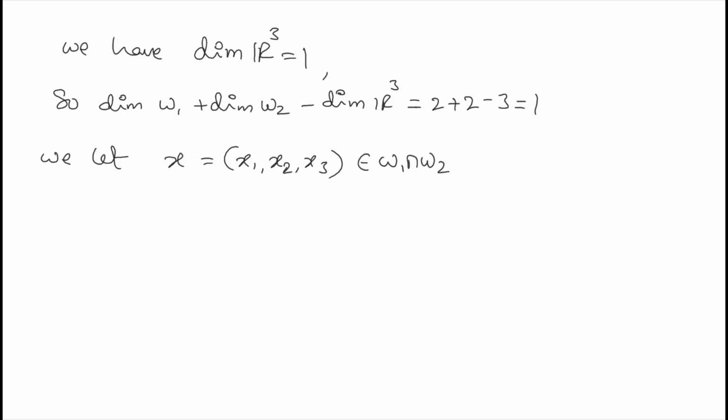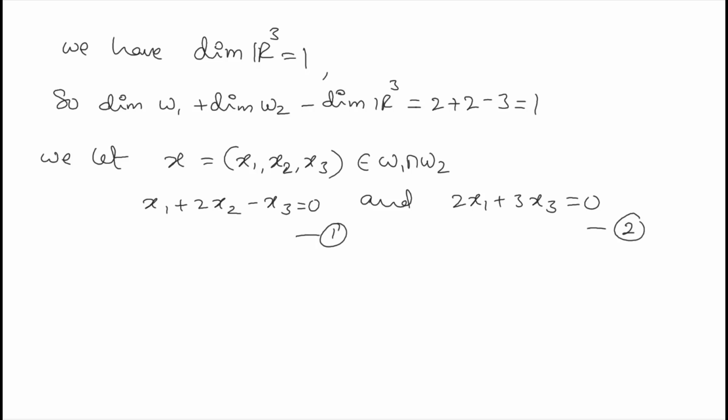Then by the given conditions of W1 and W2, we have x1 plus 2x2 minus x3 equal to 0 and 2x1 plus 3x3 equal to 0. Let me name these two equations as 1 and 2.